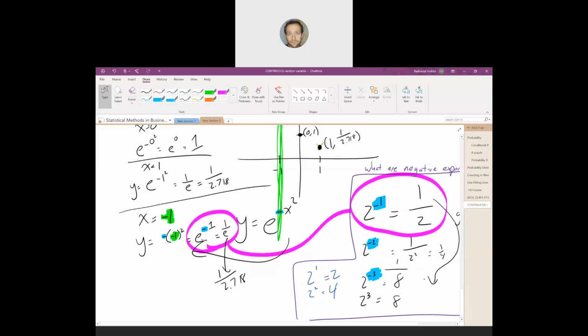Let's get rid of the e, maybe that's confusing. I'll replace it with 2.7. Okay. 2.7 to the -1 is 1 over 2.7.